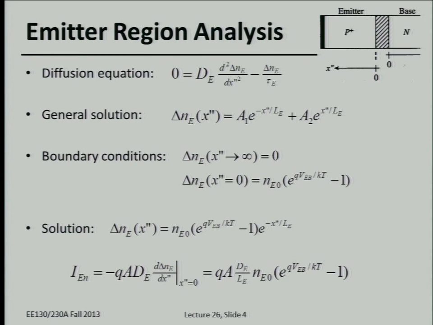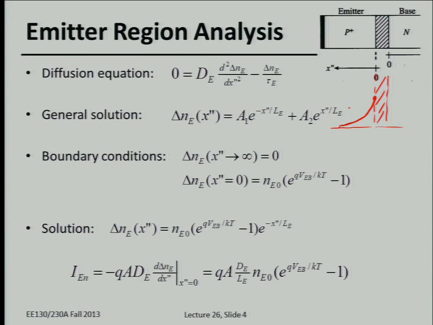This is pretty much a review of what we did before for the p-n junction. In the emitter, we have, let's say, a depletion region, and let's say we're looking at forward bias. The excess carrier concentration should ideally decay exponentially to 0 if the emitter is long.